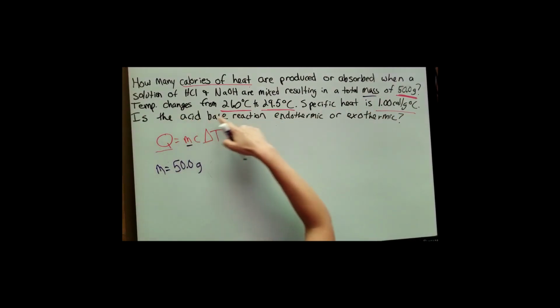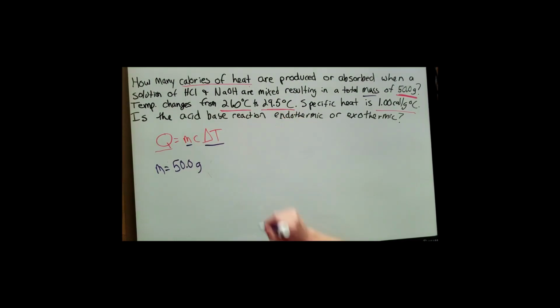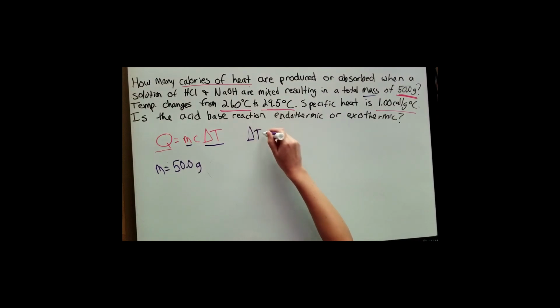Next, the temperature changes from 21 to 29.5. Okay, so that's this ΔT here. Whenever you see a triangle in mathematical equations, it means delta, and what that means is change in. So this ΔT here means change in temperature.